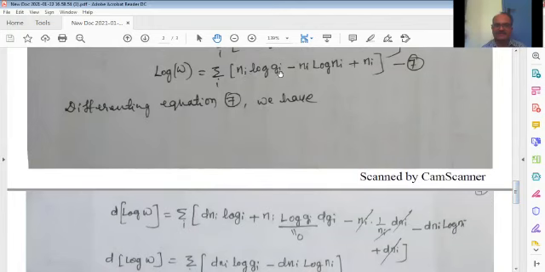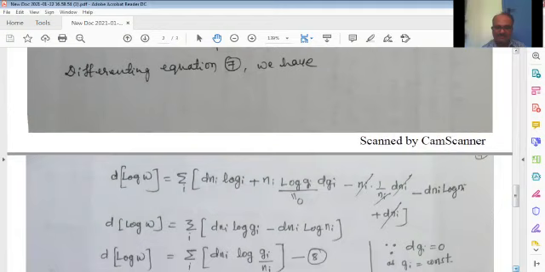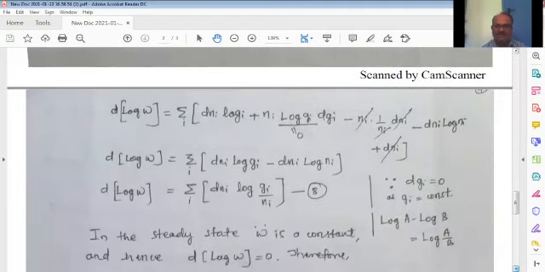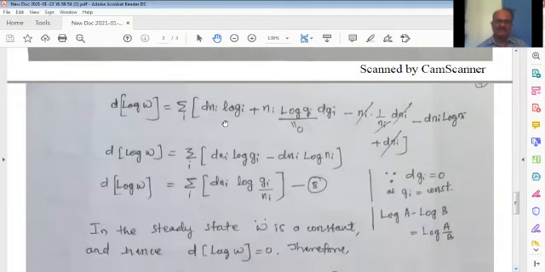The Ni and the log Gi are the two terms in the product form, so you have to use the product rule for the differentiation. So Ni is differentiated, it is dNi log Gi, plus Ni is written as it is, and we are differentiating log Gi into dGi.